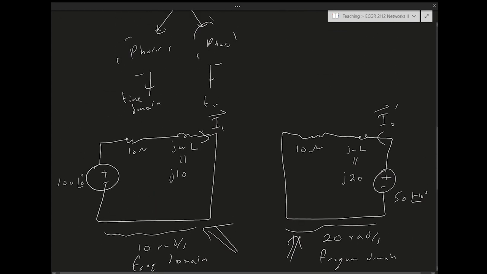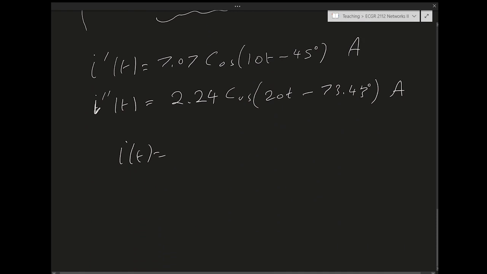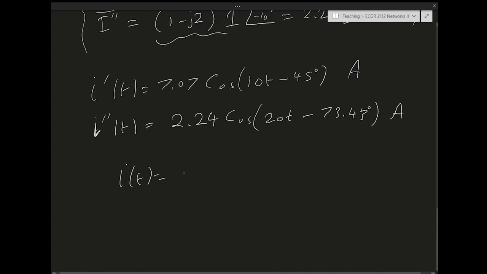So this current is going in this direction while this current is going in this direction. So the total current going in this direction is going to be I1 minus I2, right? It's going to be I prime of t minus I double prime of t.